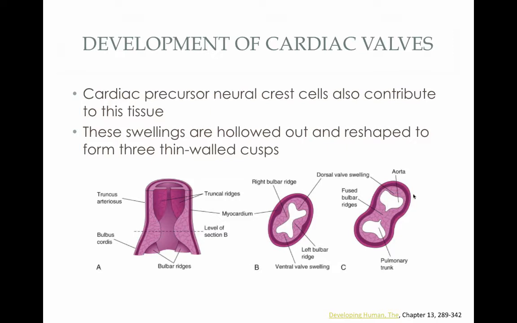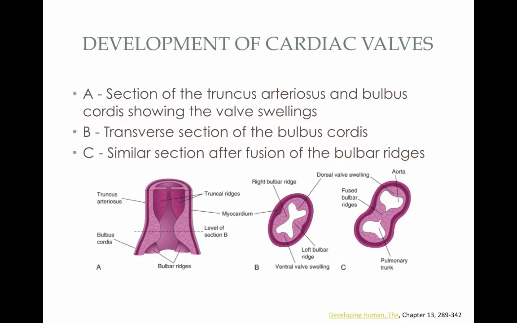Neural crest cells contribute to the tissue. So they are developing into the aortic valve and pulmonary valve, and each one of these valves will have three thin-walled cusps.